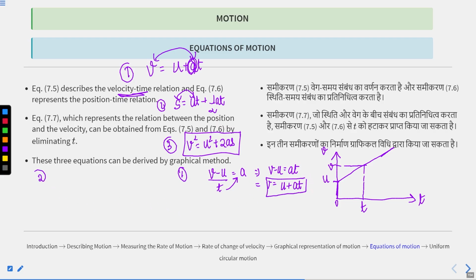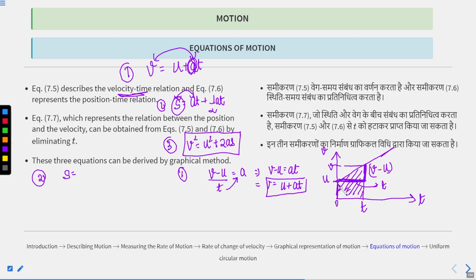How are you going to calculate equation number second? You have to calculate distance, and the area of the velocity time curve gives you distance. So we will calculate this area. This length is t. What will be this length? This length is v minus u. Okay. So what is distance?